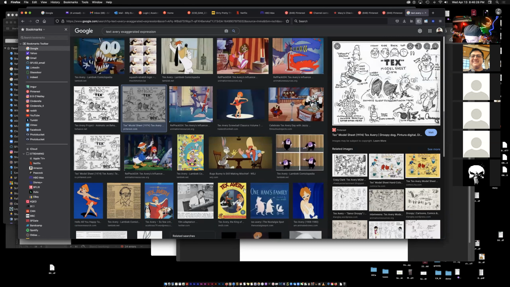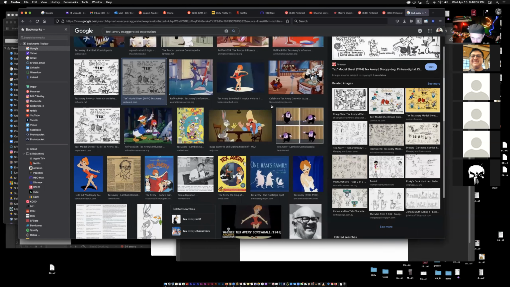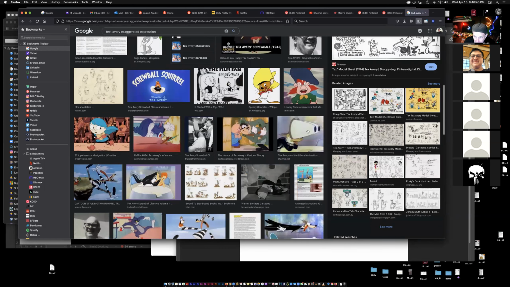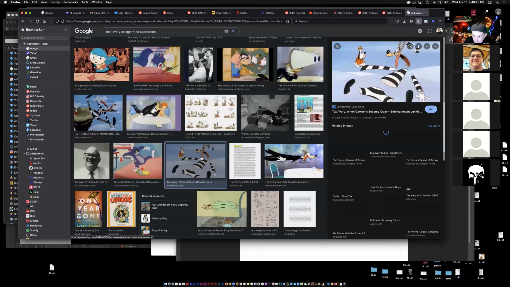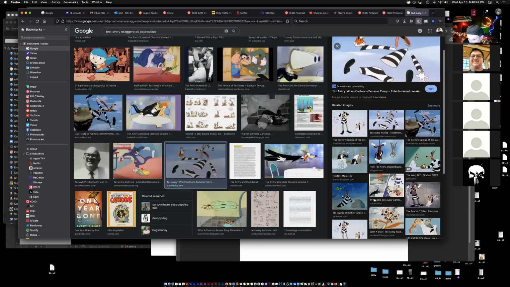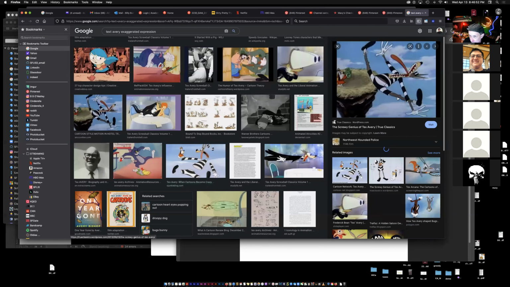And how much squash and stretch can you get into a character animation? We're not even close to some of the shots that he was famous for, like the eyes popping out or a character reacting. These are good right here. And I would encourage you to explore this kind of exaggeration because who knows, this might be one of the few times where you get to really play with this kind of cartoon style of animation.